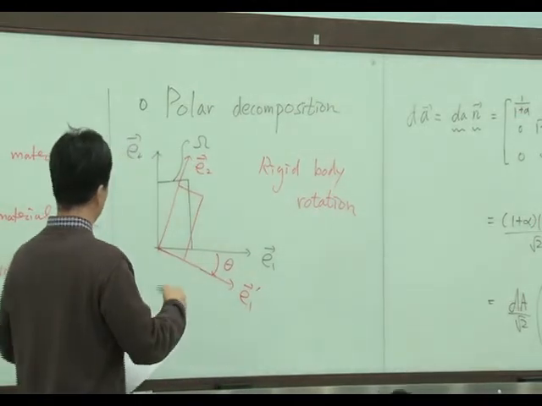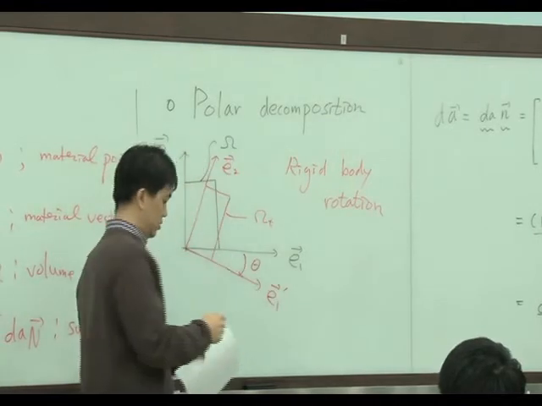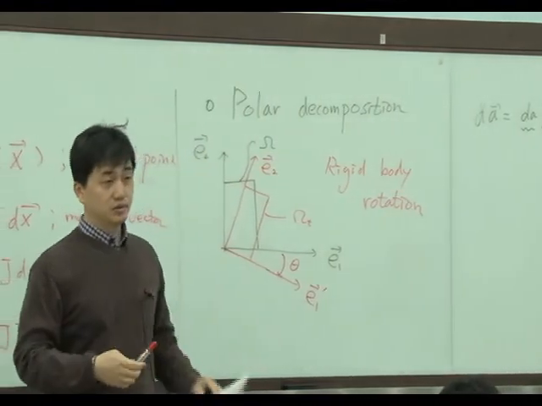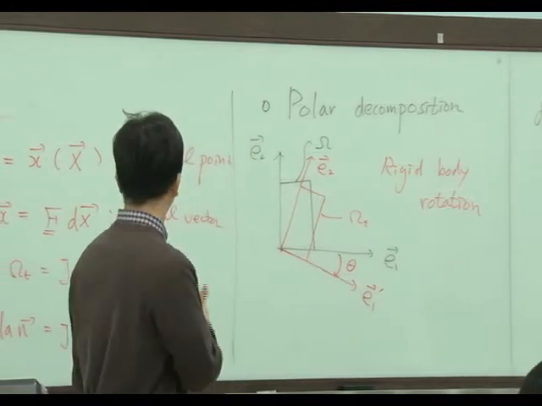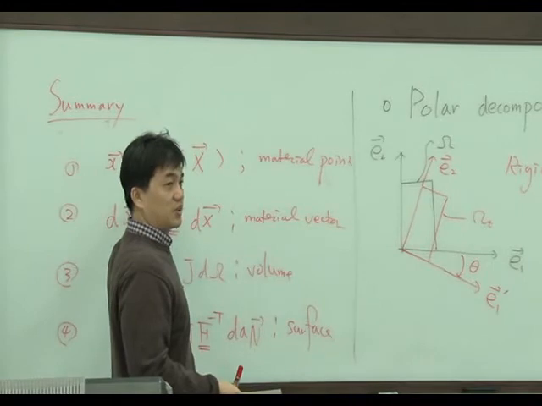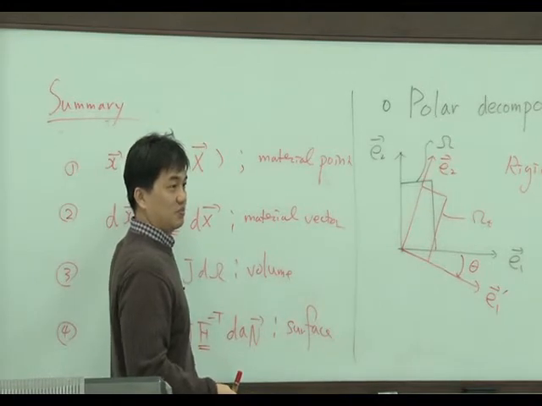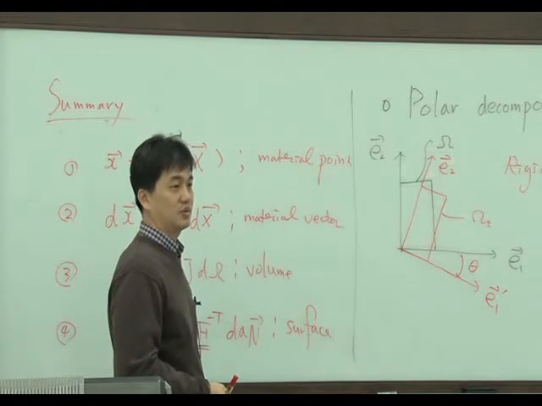So this is the current body. So what I wanted to do is to find the mapping relationship in this motion, rigid body motion.